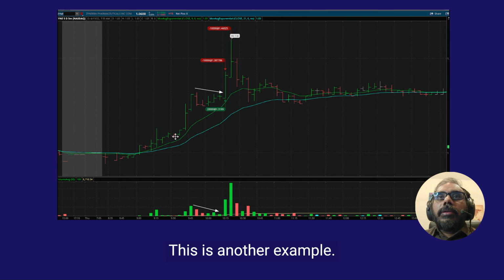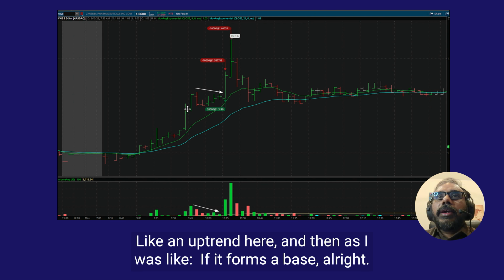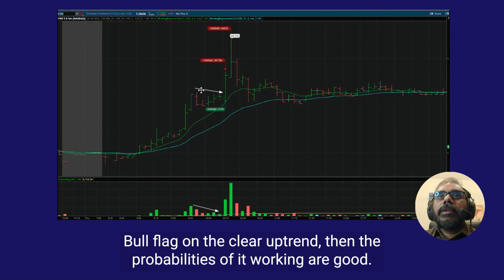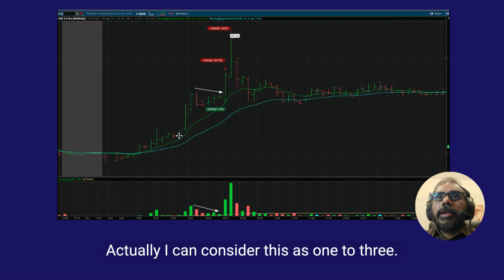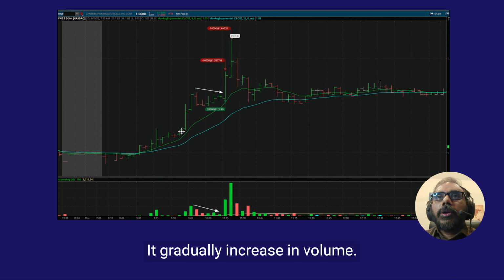This is another example of an uptrend here, and as I said, if it forms a base or a bull flag in a clear uptrend, then the probability of it working is good. So here, as we can see, it took 1, 2 green bars. Actually, I can consider this as 3 up bars with a gradual increase in volume.